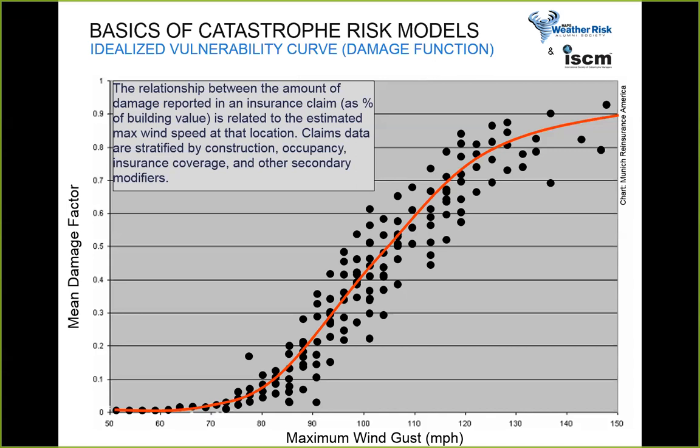The thing I do caution is the more you parse down either the historical data on which these are calibrated or the claims on which these curves are calibrated, you start losing, all of these are based on the law of large numbers. The more you subset them down into different constructions, occupancies, or even parse the hazard down into, okay, 3-inch hail but with wind of 60 miles per hour, 3-inch hail with 40 miles per hour, you get much fewer and farther between, and the uncertainty increases.